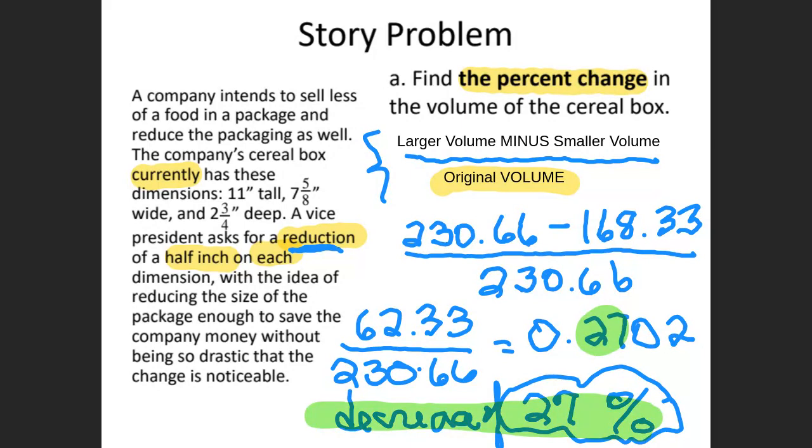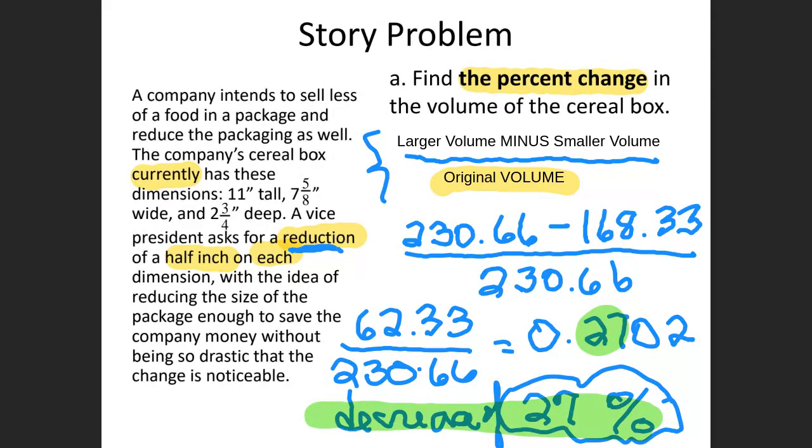Now, are there any questions with how I got part A? Because you can't do B without A. Hi, good morning. Hi. So I guess my question is, how did you get the 62.33? I missed that part. Oh, no problem, Rocky.